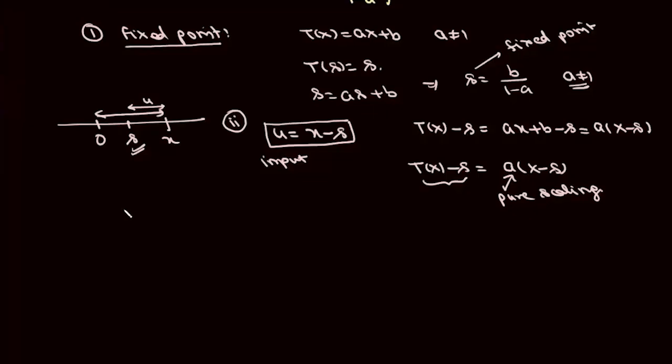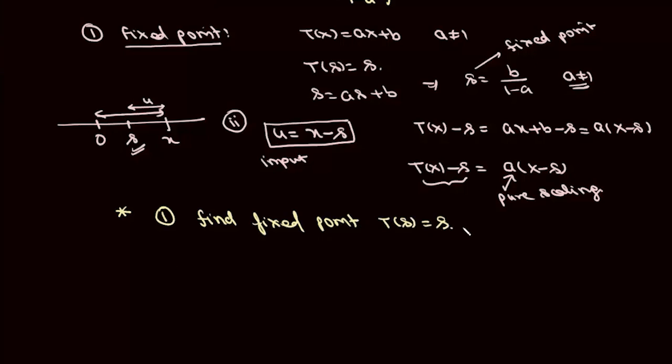Now the working algorithm for this method is, first, find the fixed point by setting T(s) = s, and we let u = x - s. The second step is we shift the function.